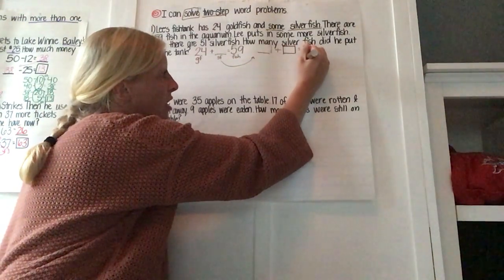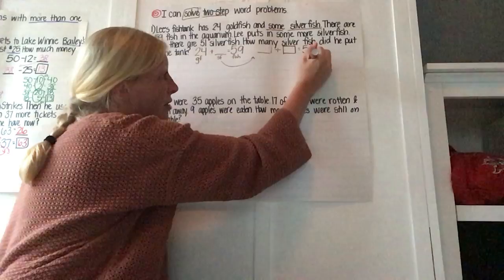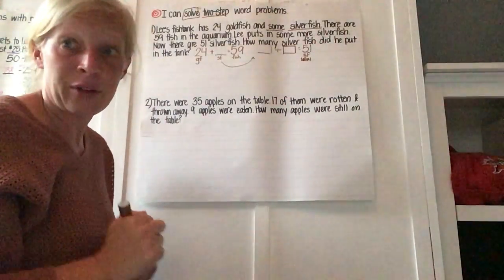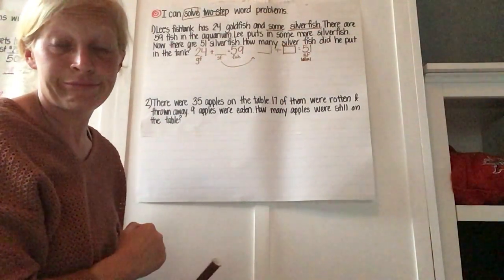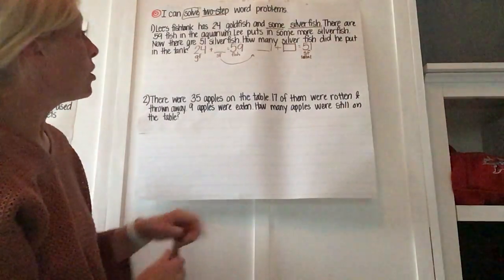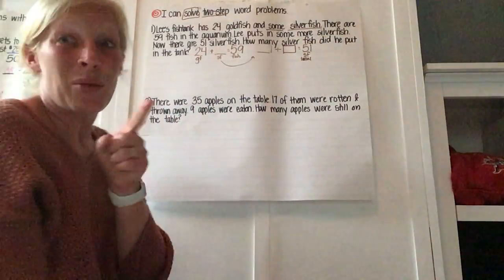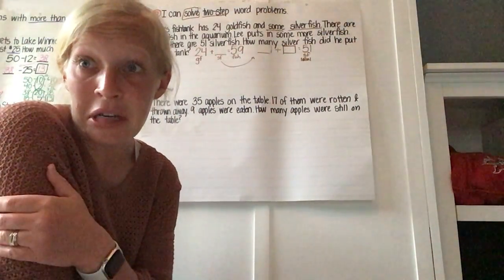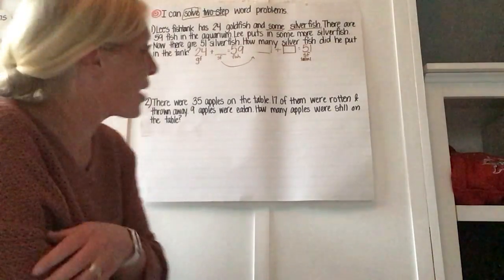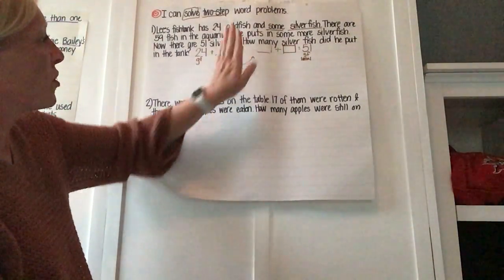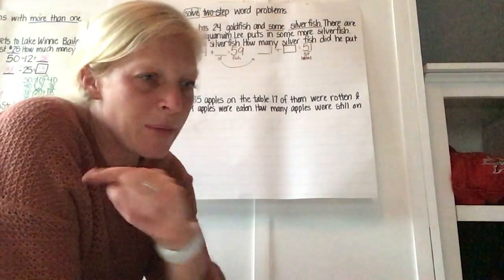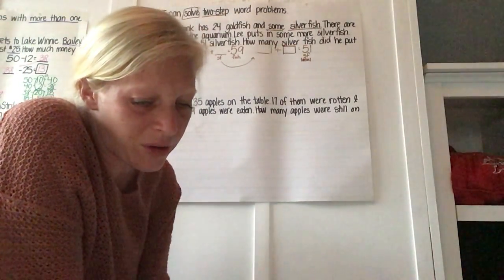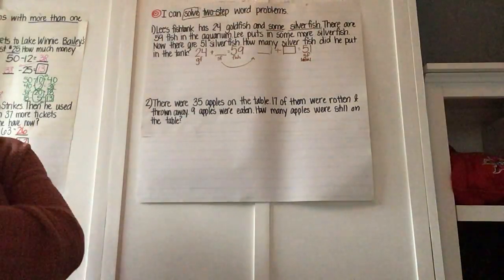I'm doing this with you guys because I'm going to be honest, it took me some brain power to figure that out. How about you? Okay, so we need to figure out these two steps, and when we're done, we're gonna write one equation to match. How's that sound? Good? Okay, so let's figure out what's gonna go in this first box first. Take a moment, and I want you to solve for this work. What are you starting with?